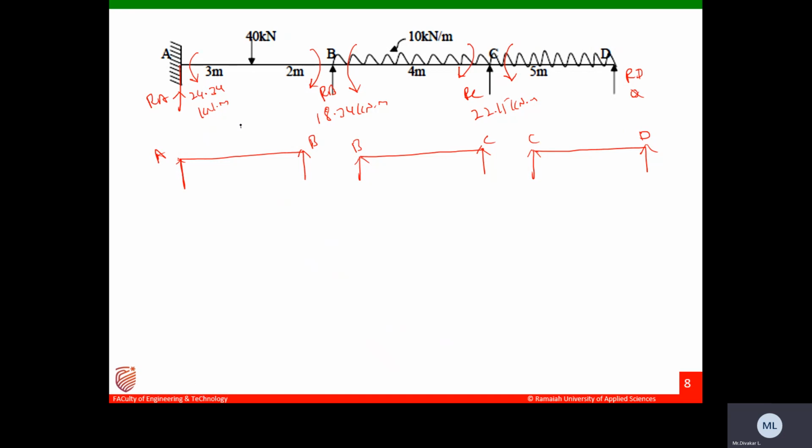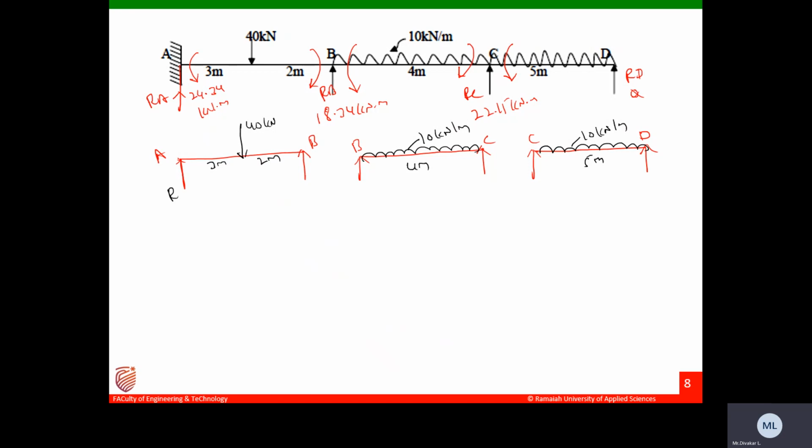Here I have loads like 40 kilonewtons, 3 meter and 2 meters. I have a UDL of 10 kilonewton per meter, and similarly another UDL of 10 kilonewton per meter. This is 5 meter and this is 4 meter.